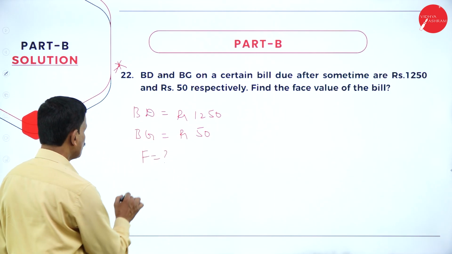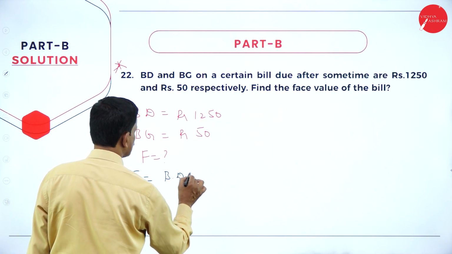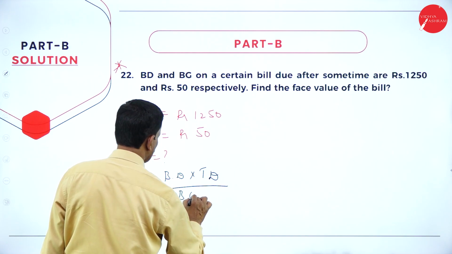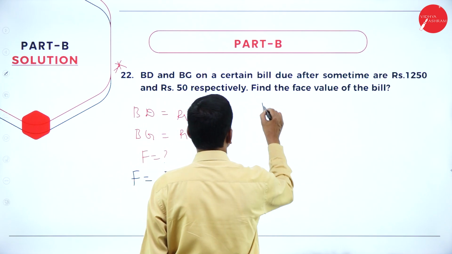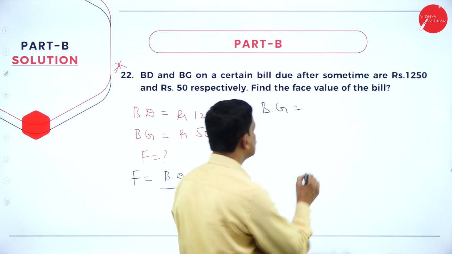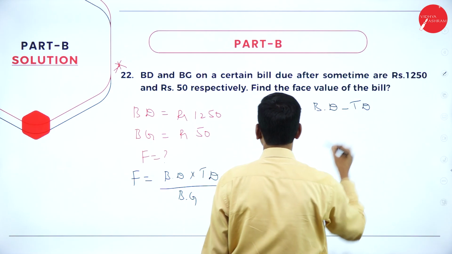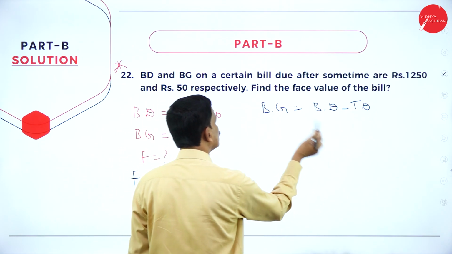Now there is a formula for face value. F, the face value, is equal to banker's discount into true discount divided by the banker's gain. This is the formula. Now we know banker's gain is equal to BD minus TD. BD is known, BG is known, we want TD.